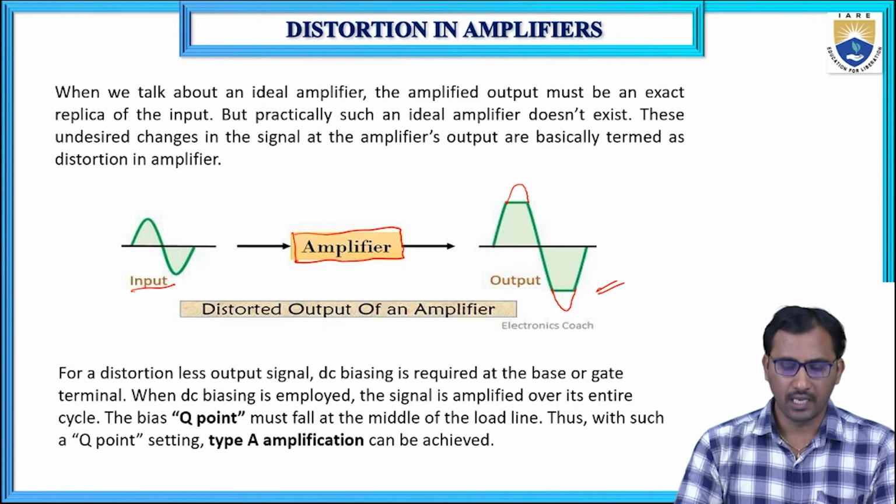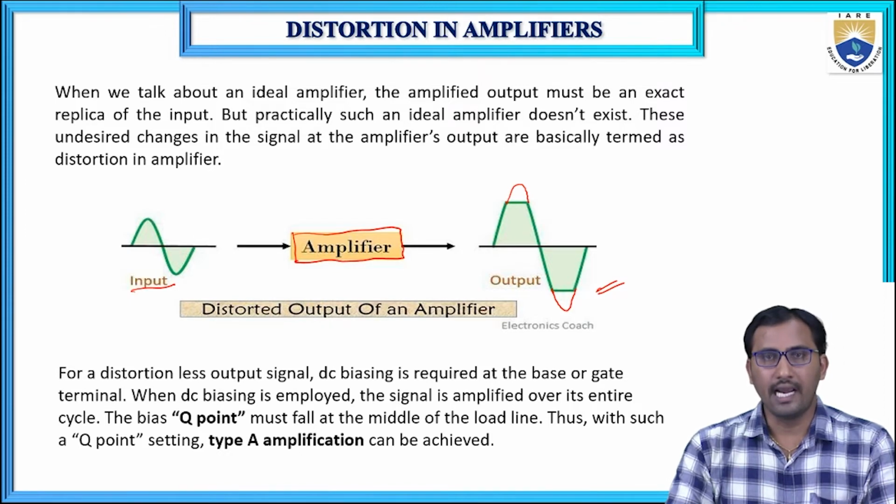Okay, so when we talk about an ideal amplifier, in real time no such ideal amplifier exists, because every amplifier has some resistance, or due to temperature variations the amplifier characteristics may change. So due to that, the output voltage of the amplifier might change.